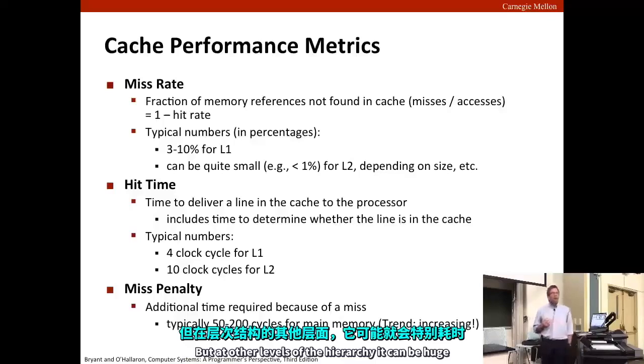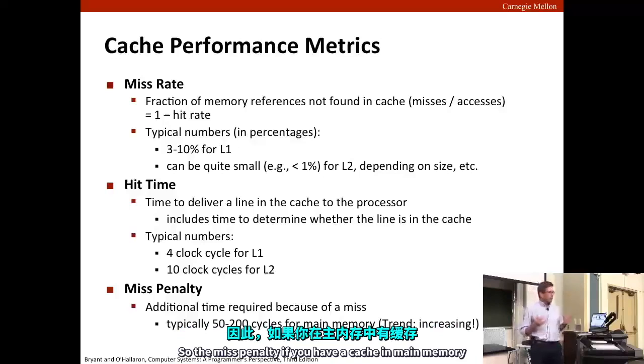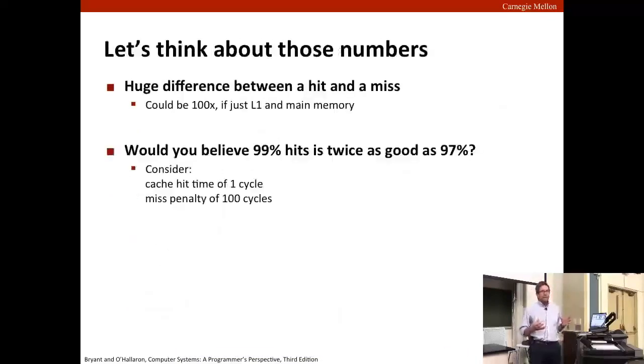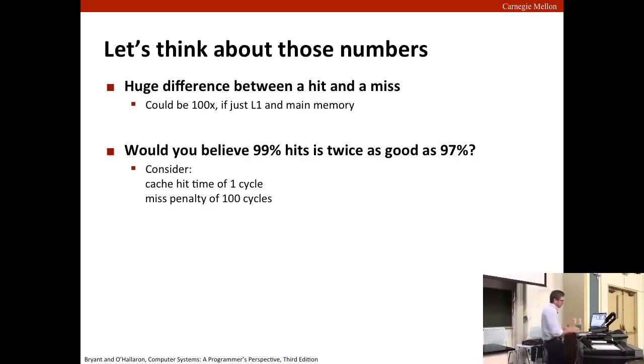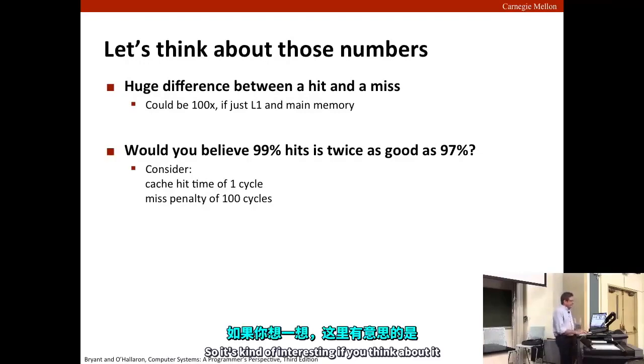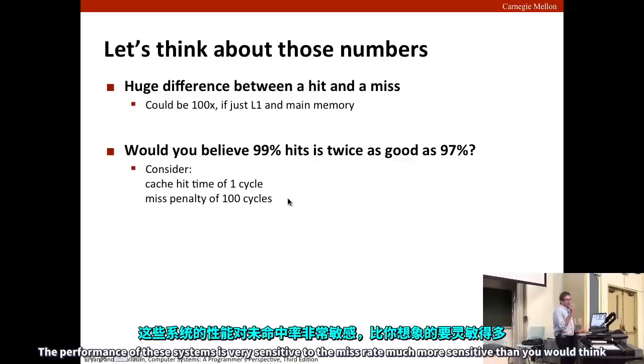But at other levels of the hierarchy, it can be huge. If you have a cache in main memory that's caching blocks that are stored on disk, the miss penalty is enormous. So it's interesting that the performance of these systems is very sensitive to the miss rate, much more sensitive than you would think.